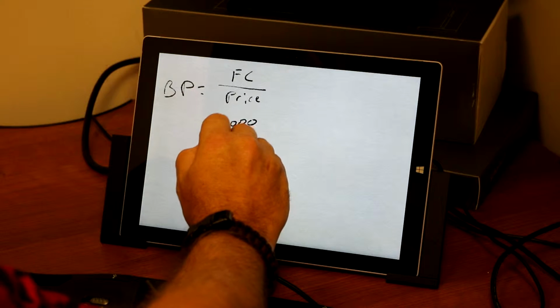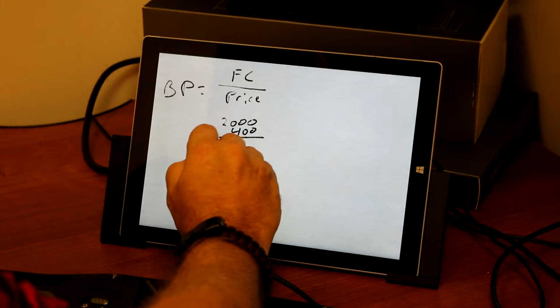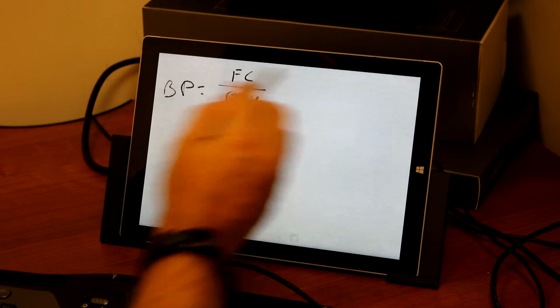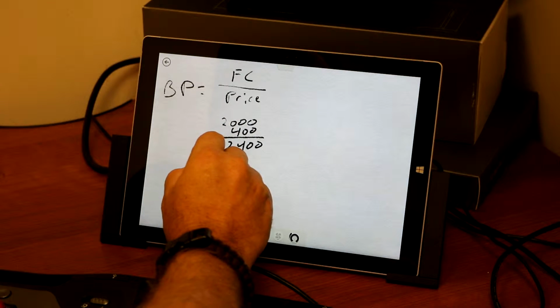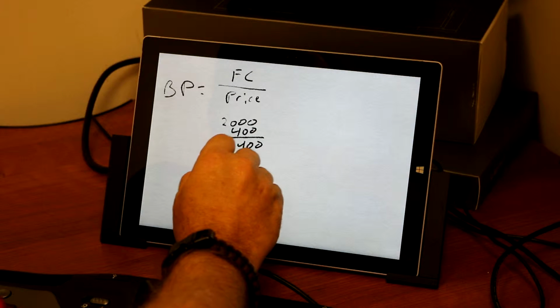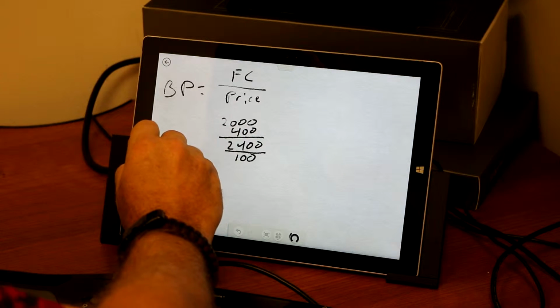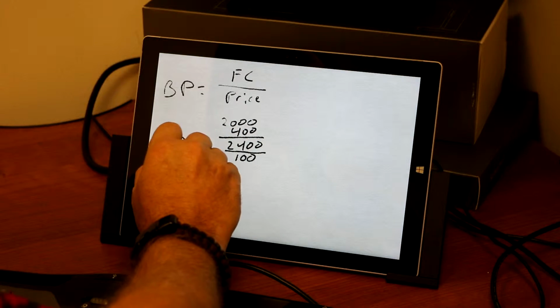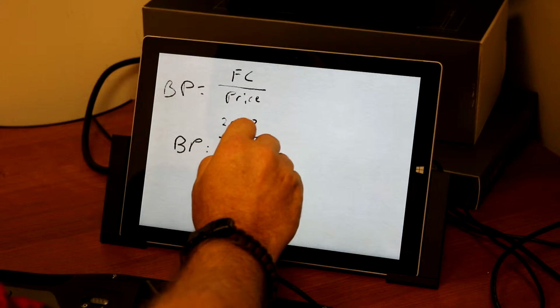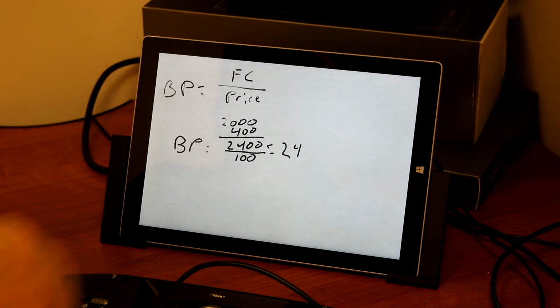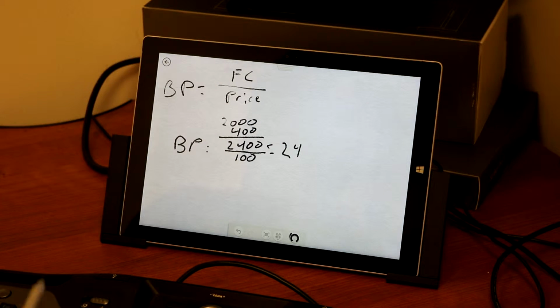So we'll say $400 for people on the team, so that's $2,400, and we're selling a product for $100 a piece. Then our break-even point equals 2,400 divided by 100, or 24. The numbers can be more or less complicated than that, but that's how you determine it.